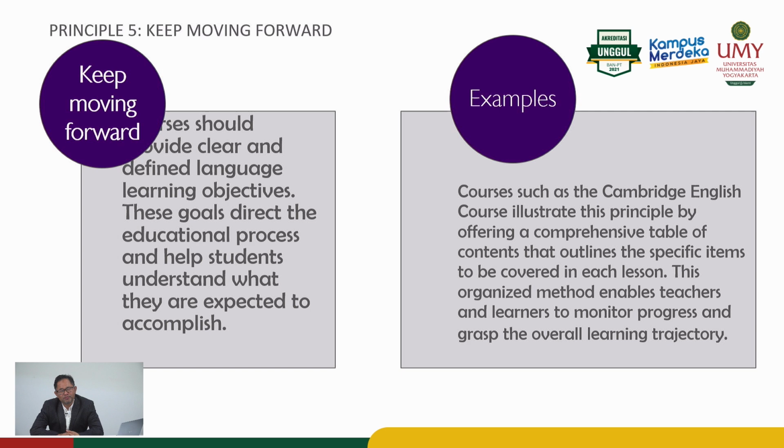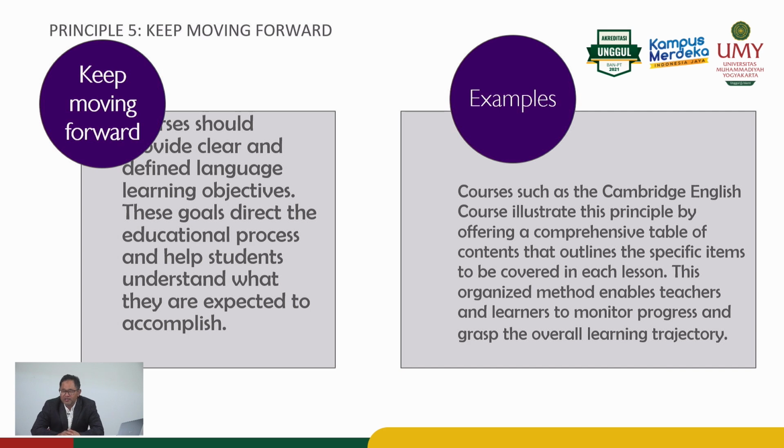Then the next one is about keeping moving forward. A language course should provide clear and defined language learning objectives. This goal directs the educational process and helps students understand what they are expected to accomplish.